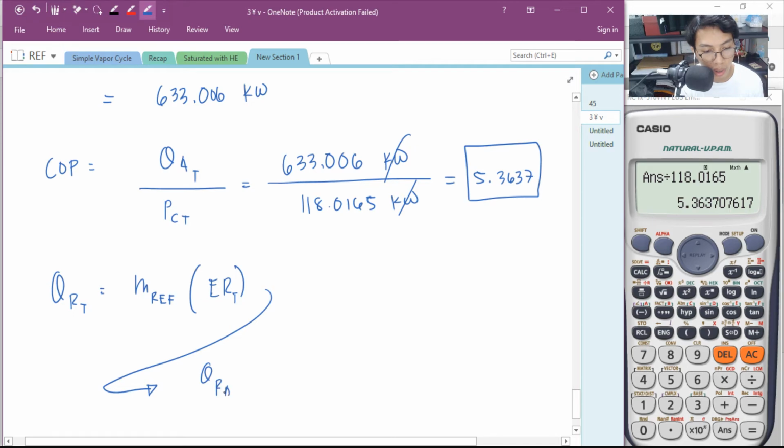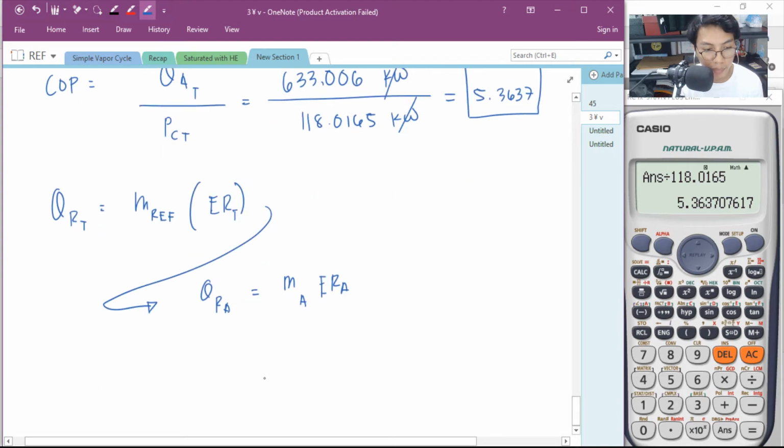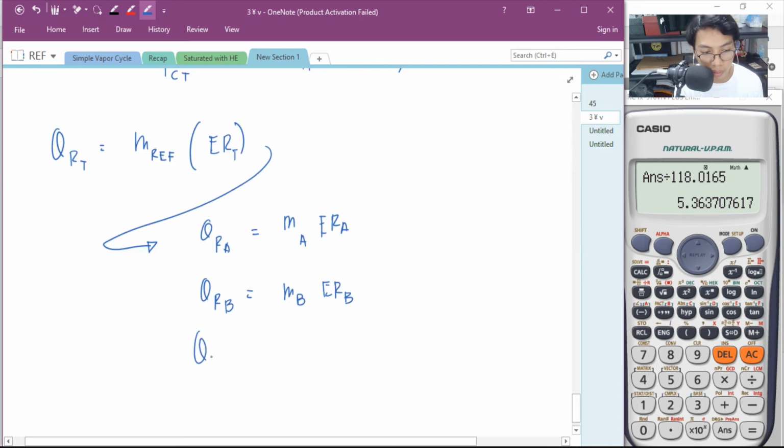QRA equal to MA ERA. QRB, this is MB ERB. Oh, ito naman, QRC, MC ERC.